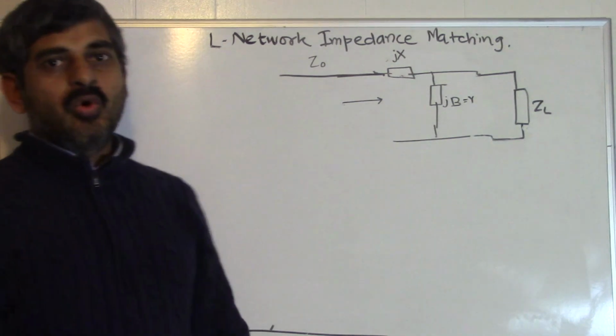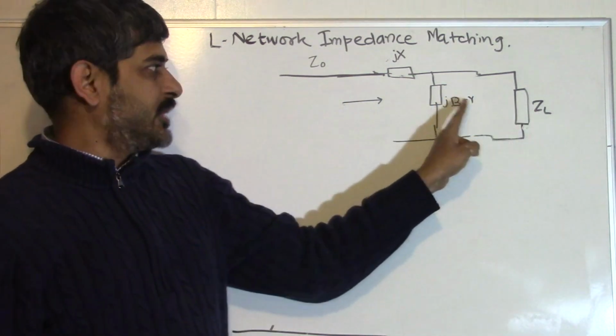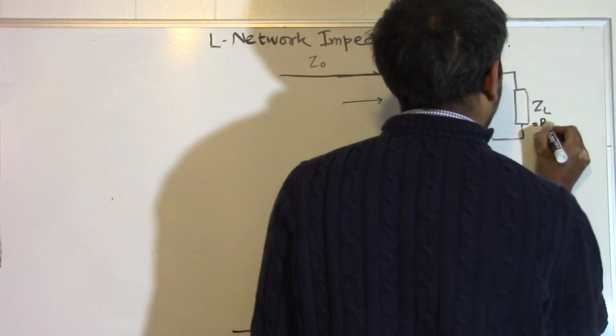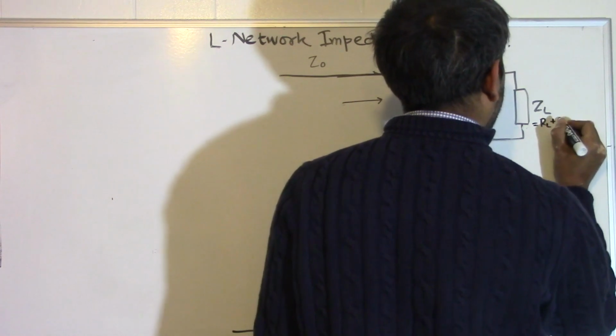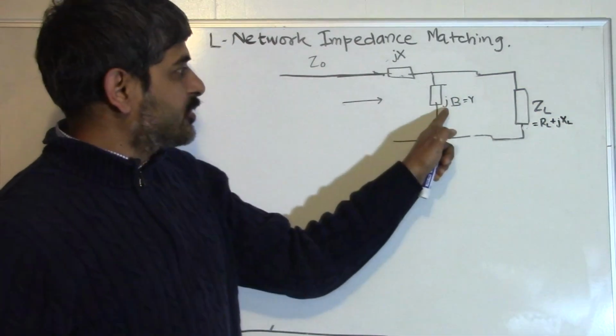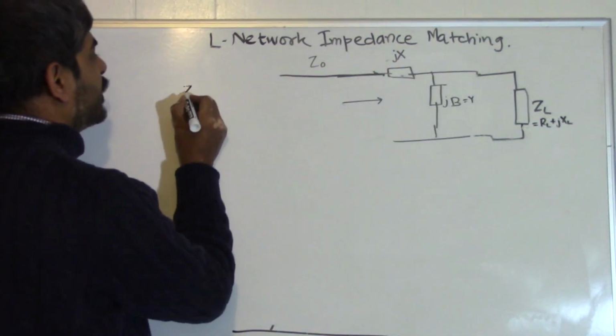For that, we notice that if we combine these two, ZL, which I write as RL plus jXL, the equivalent impedance of this and this can be found; let us call it Z1.